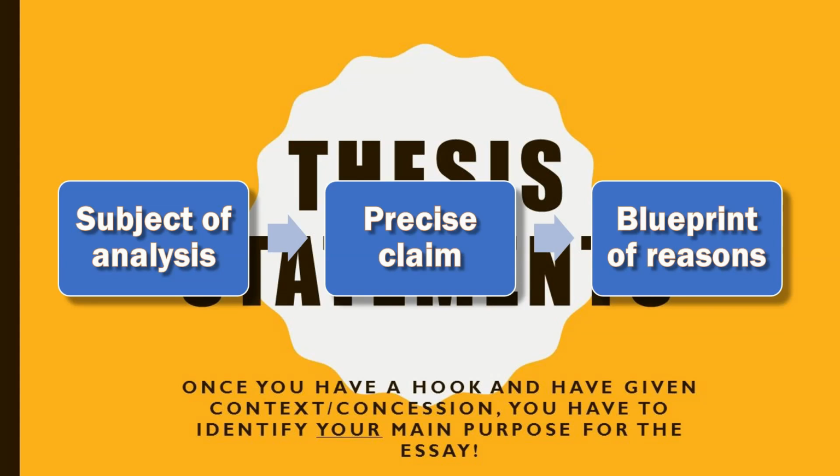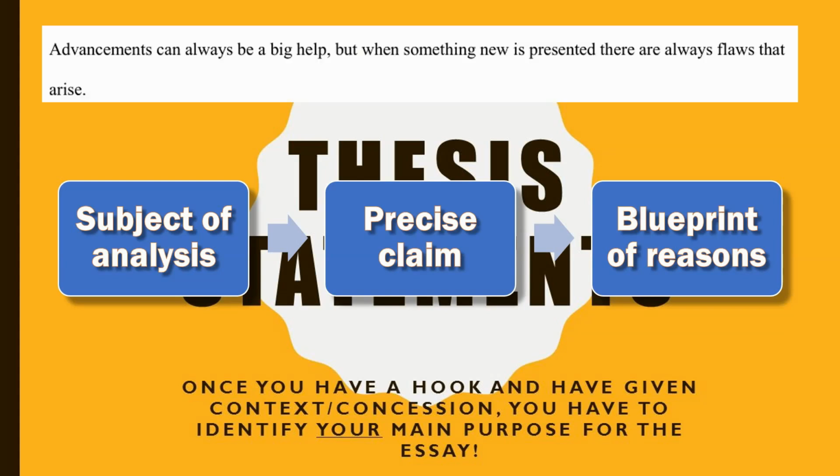We're supposed to have a specific subject of analysis, a precise claim, a blueprint of reasons. You've seen this graphic before. So, our thesis statement: "Advancements can always be a big help, but when something new is presented, there are always flaws that arise." Does this give us a specific subject of analysis? Not really. It's kind of broad. We know it's something about some kind of advancement.